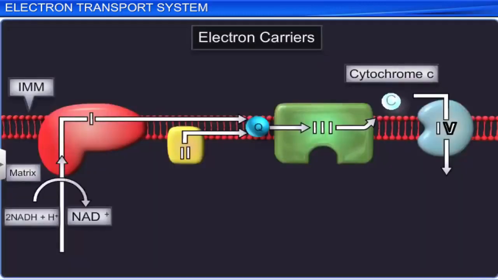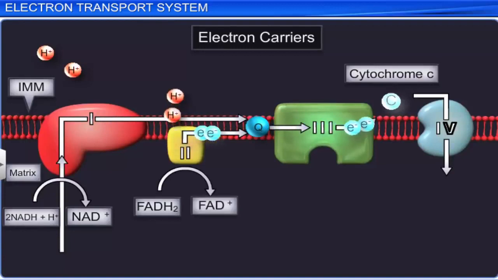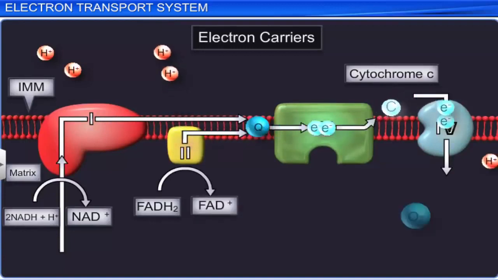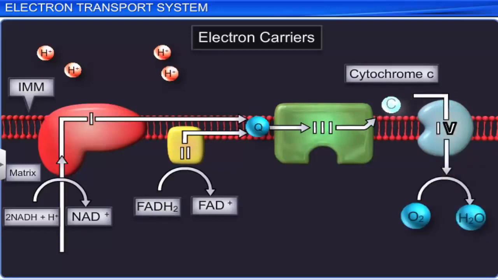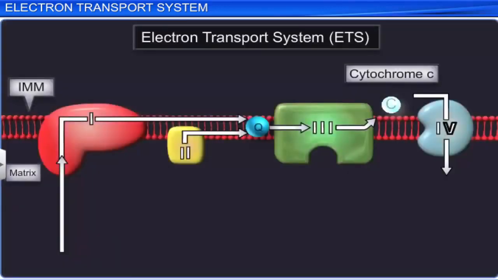This is made possible by the transport of protons and electrons from these coenzymes to oxygen through electron carriers present in the inner mitochondrial membrane. This metabolic pathway of electron transport is called the electron transport system or ETS.